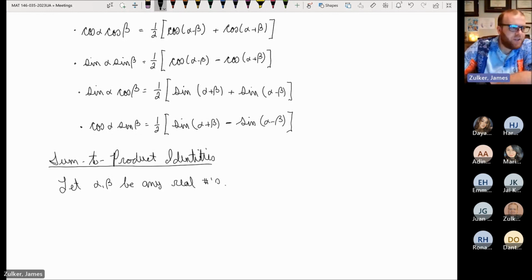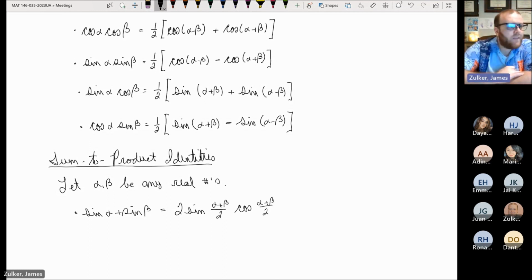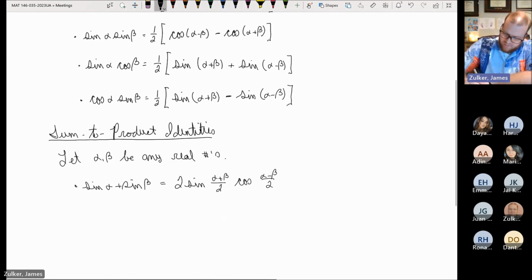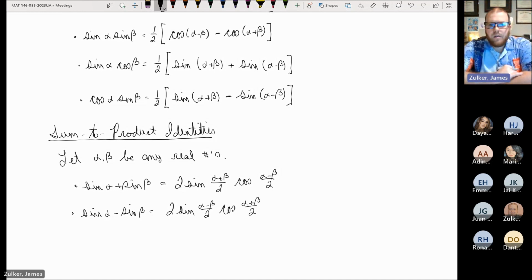So again, alpha and beta are any real numbers. So sine of alpha plus sine of beta would be 2 times the sine of alpha plus beta over 2 times the cosine of alpha minus beta over 2.